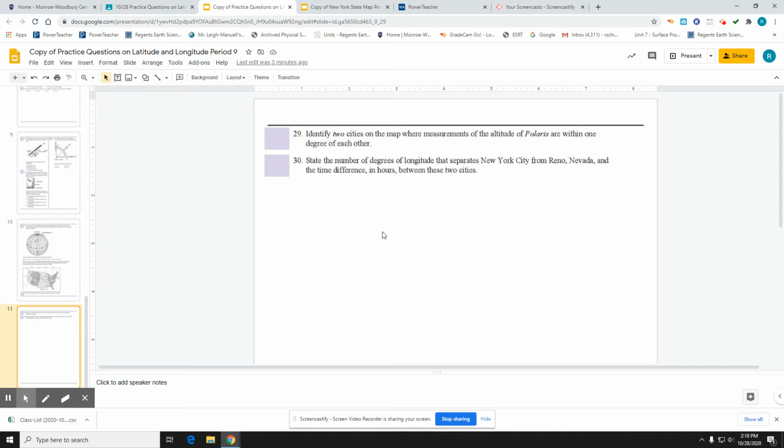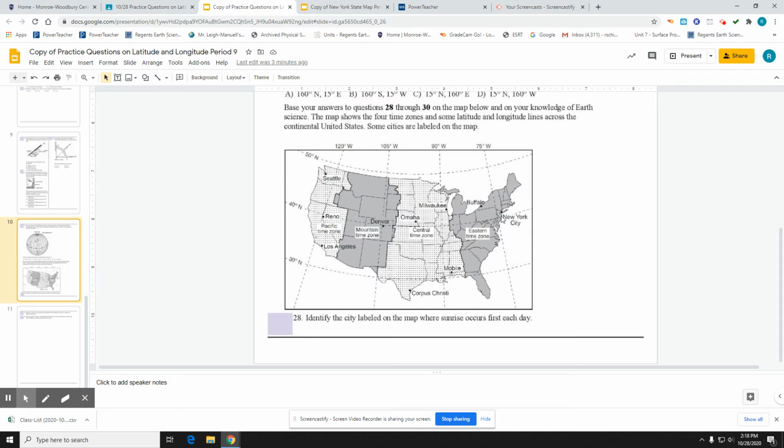State the number of degrees of longitude that separates New York City from Reno, Nevada, and the difference in hours. All right, so let's take a look at New York City. New York City is located right about here, pretty close to 75. And Reno is located right over here, pretty close to 120. So let's just round it off and say 75 and 120. And if we subtract the two from each other, I believe we get 45 degrees difference.